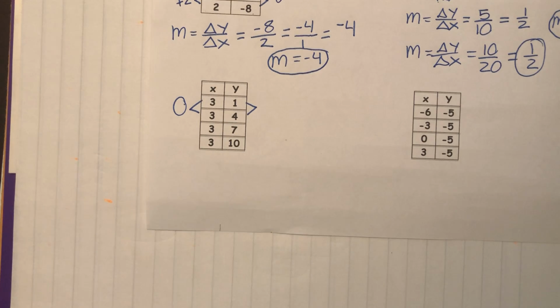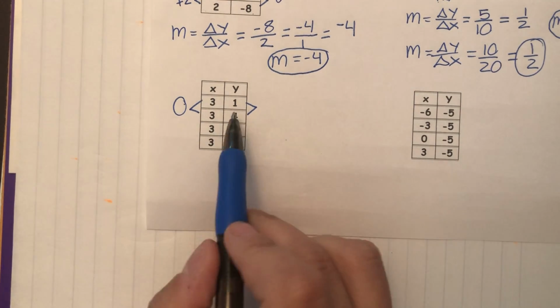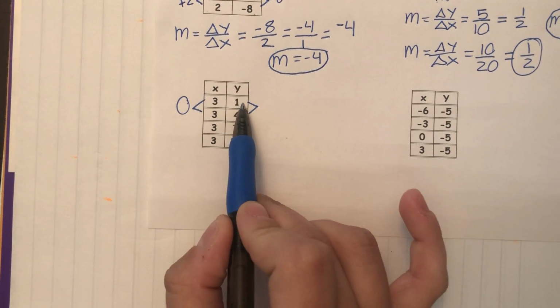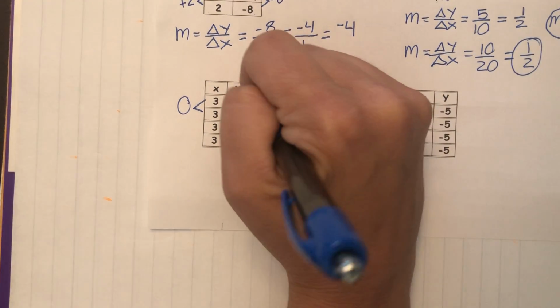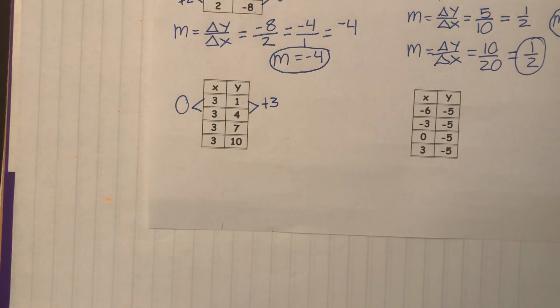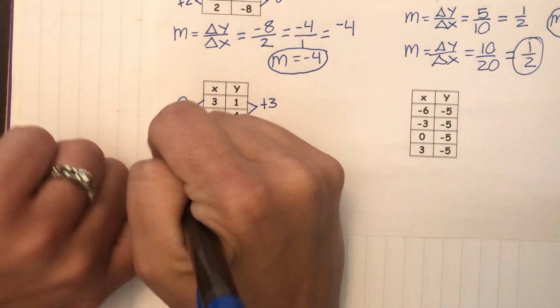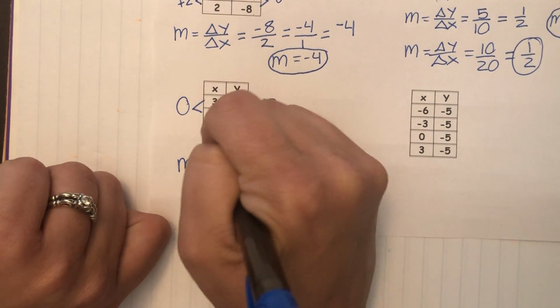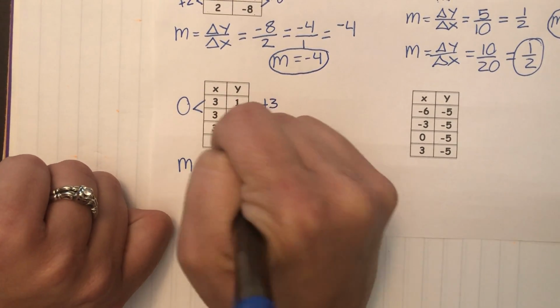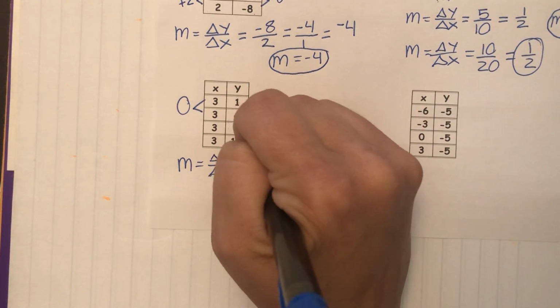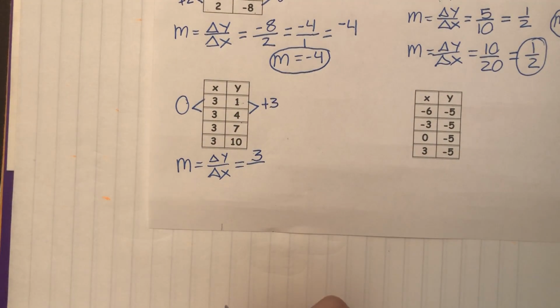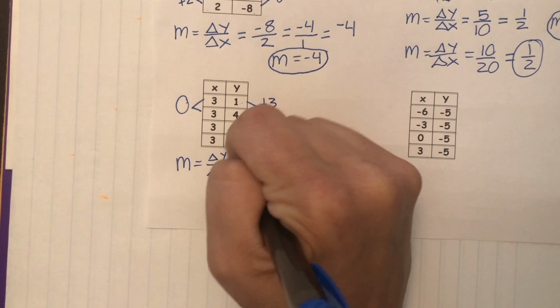No change happened. For my y values, from 1 to 4, I added 3 to that. That's a positive 3. Now when we write this, change in y over the change in x, change in my y values is 3. The change in my x values was 0.